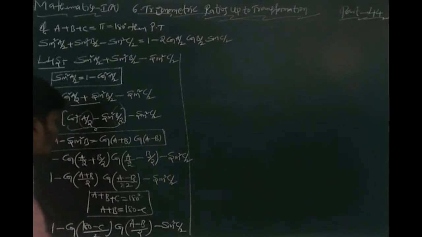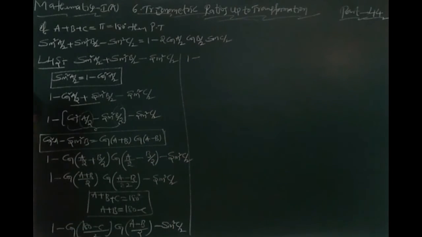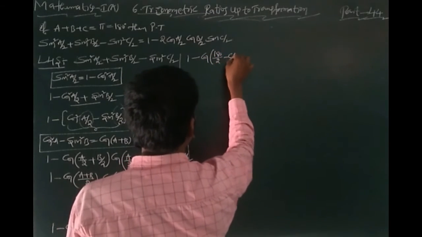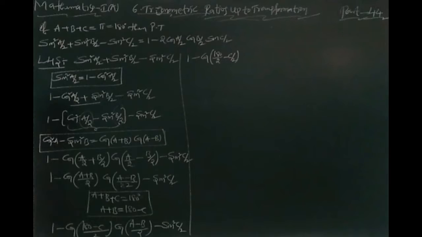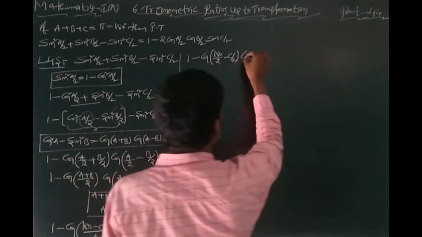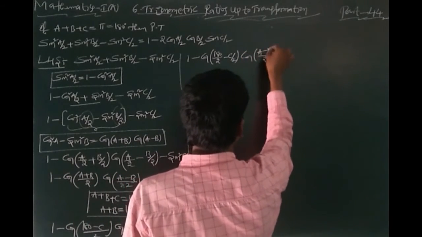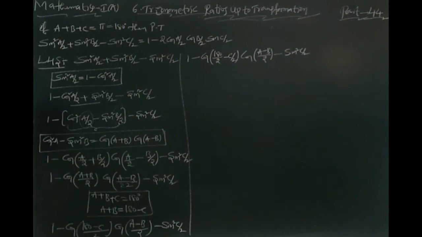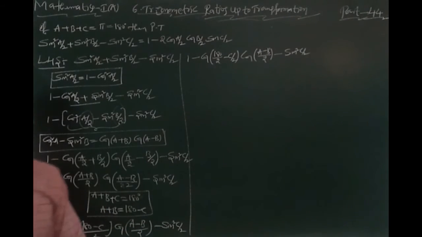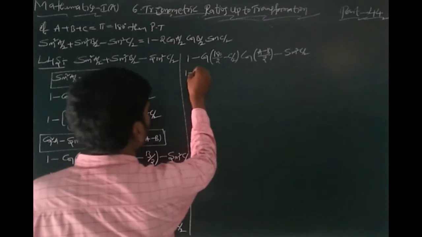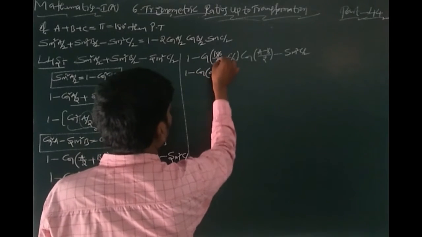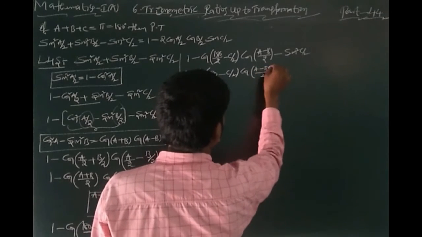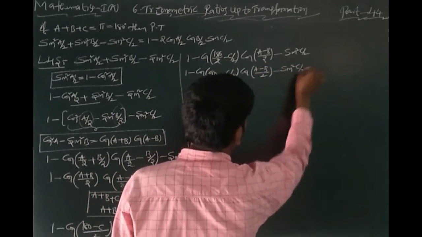After that you can write 1 minus cos of 180 by 2 minus C by 2 into cos of A minus B by 2, minus sin square C by 2. After that, 1 minus cos of 90 minus C by 2 into cos of A minus B by 2, minus sin square of C by 2.